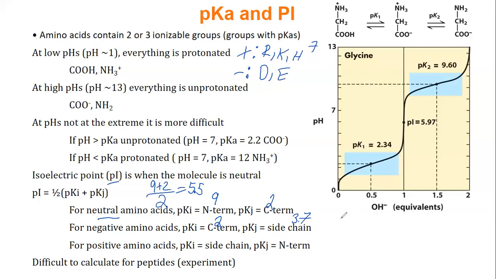So to calculate pI for this, it is equal to 1/2 multiplied by pKi, the C terminus, which is 2, plus the pKj for aspartic acid, D, that is 3.7. So it is 5.7 divided by 2, which is 2.85.